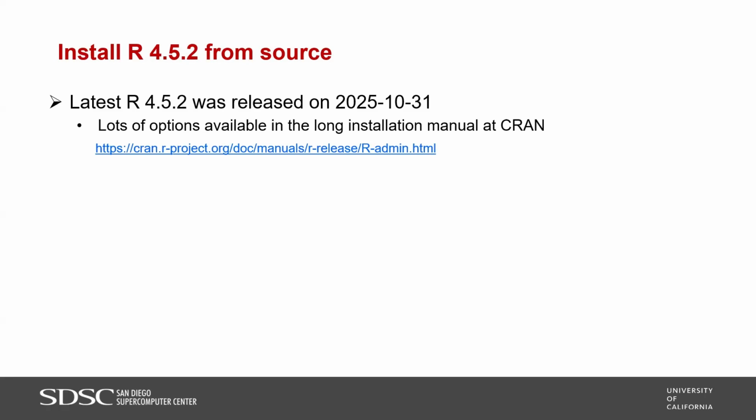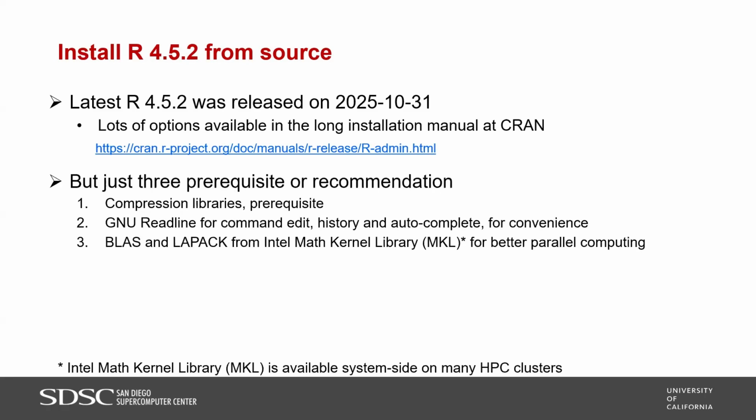As usual, CRAN has a very long user manual that tells how you can build your R from source. That list is always very long, but fortunately we don't really need to read all of it, and that's why you're attending today's webinar.